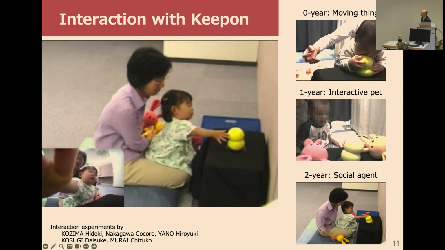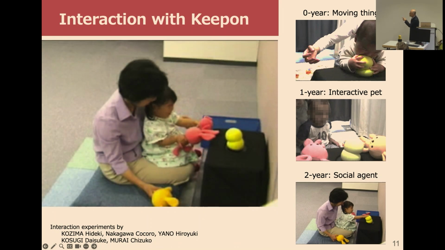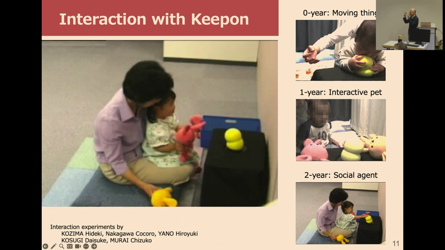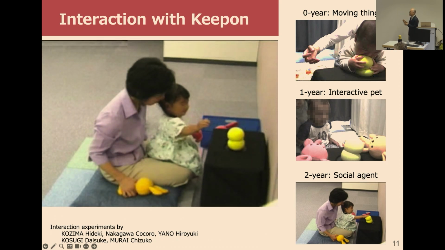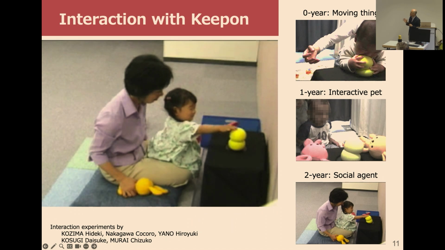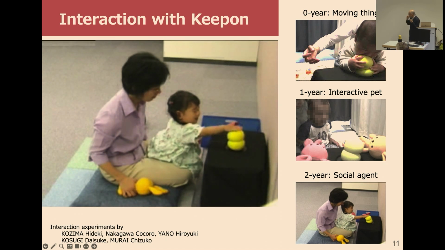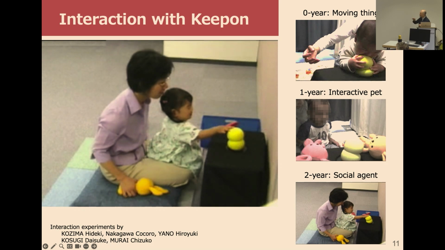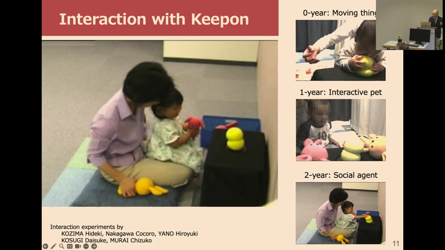So this is a 27-month-old girl, and she's playing, doing some play, konnichiwa or something like that. And when Keepon responded in a good way, she actually stroked its head and said good boy or good girl or something like that. Okay? So this is a typical 2-year-old response, but different ages show different interactions.